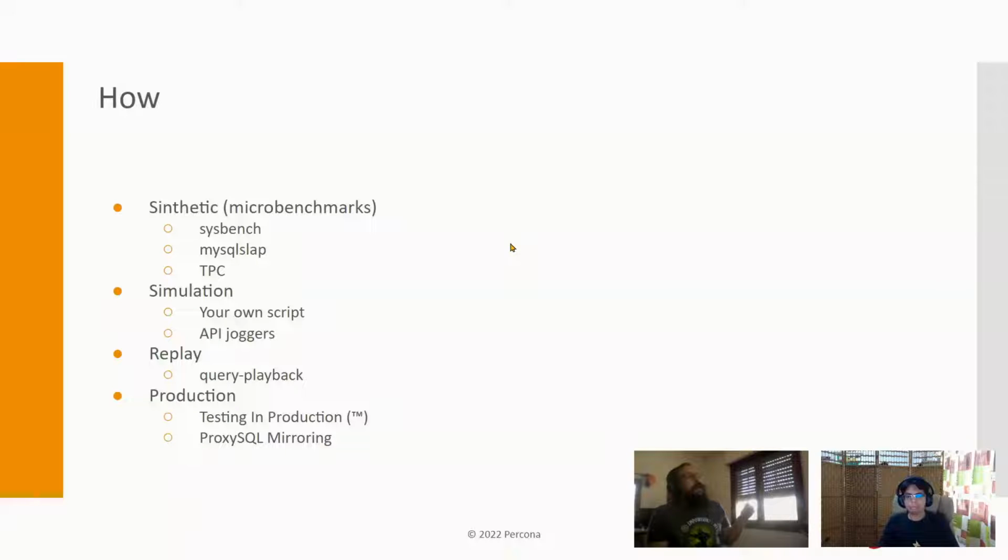For this we have tools like Sysbench, MySQL Slap, and all the TPC suite, and these are easy to run, easy to configure. Like, you can just run a loop like the one I showed you earlier, and with that you will have a reasonable idea.